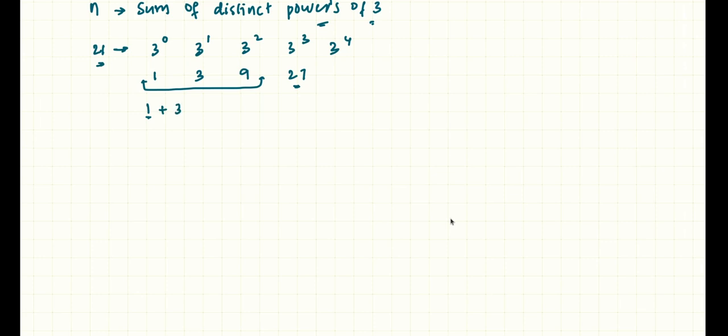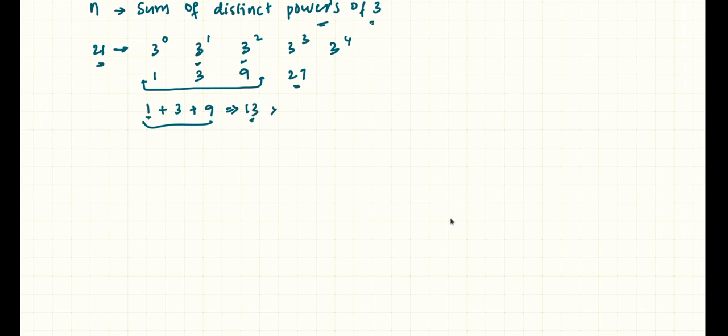So we have to include 3. We have two options: either we include 3 or we do not include 3. Let's include 3, and we have the option to include 9. The entire sum is 9 plus 3, which is 12, 12 plus 1, which is 13, but it is not equal to 21, right?